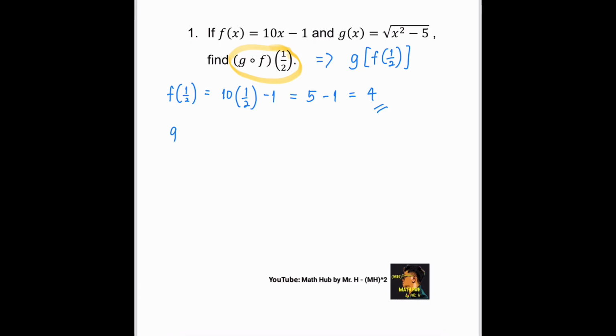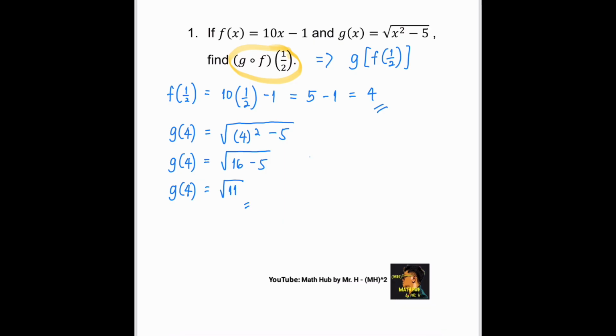So we'll have g of 4 will be square root of 4 squared minus 5. So g of 4 is equal to square root of 4 squared is 16, minus 5. So g of 4 is square root of 16 minus 5, which is 11.